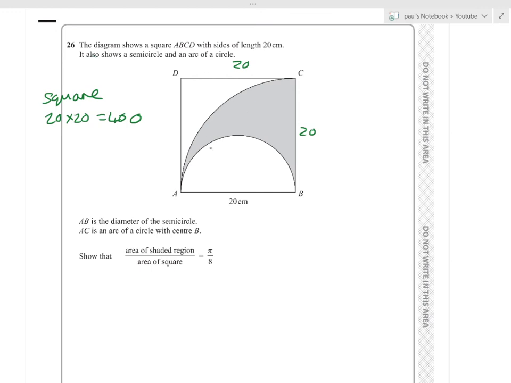The area of this thing here, all of that is going to be pi r squared divided by 4. So r squared, what's the radius of this? This is 20, so this is going to be 400 pi over 4, which equals 100 pi. So that's the area of the shaded and that bit.